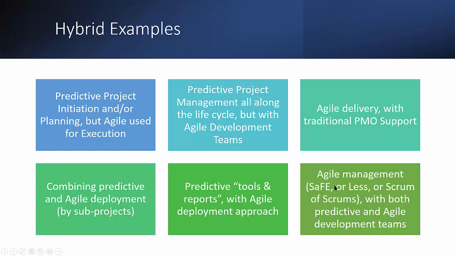Or, for example, this last one is less common, but it can also occur, where your governance is managed using Agile, using, for example, a Scrum of Scrums type of approach, or using a SAFe or LeSS approach, scaled Agile. But the actual deployment of the work is done using Agile or a predictive approach, or both.